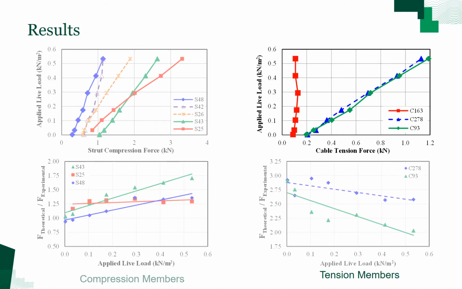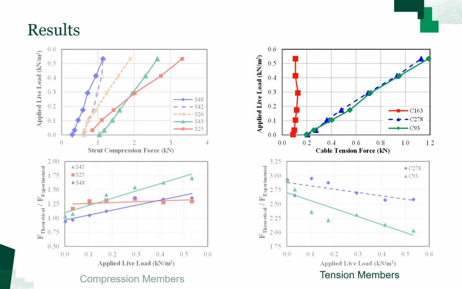Here, the figure illustrates the tension forces in the instrumented cables under loading. The response for cables 93, which was on the lower layer, and 278 on the diagonal layer, are generally linear in response to load. However, cable 163, which is on the upper layer, clearly goes slack upon loading.